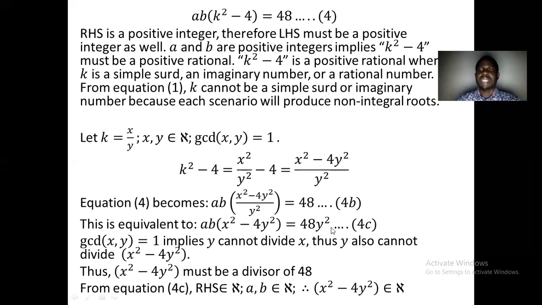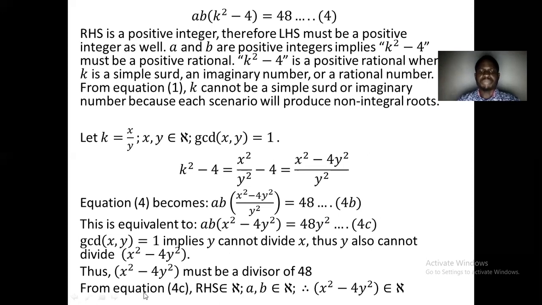So since that is not possible, it means that it is x squared minus 4y squared that must be a divisor of 48, because we clearly see that x squared minus 4y squared and y squared share no common factor. So therefore, x squared minus 4y squared must solely be a divisor of 48.